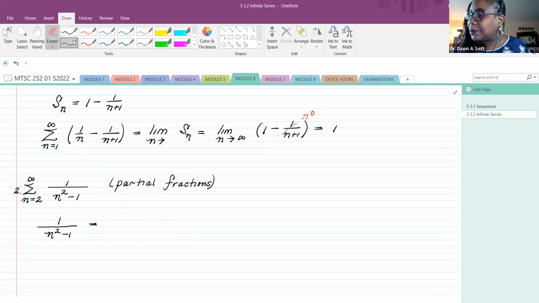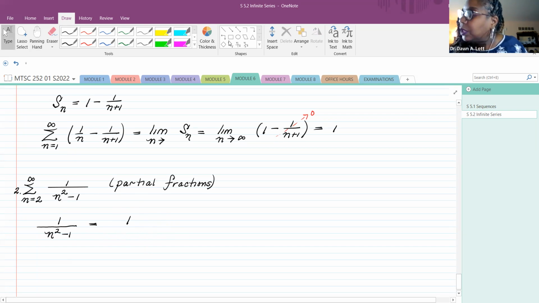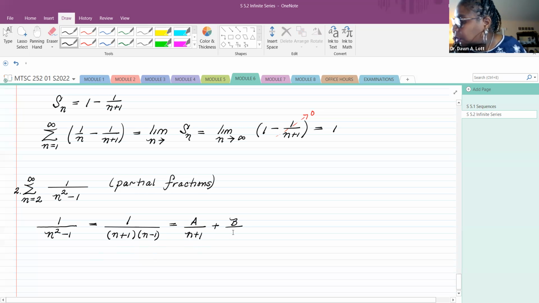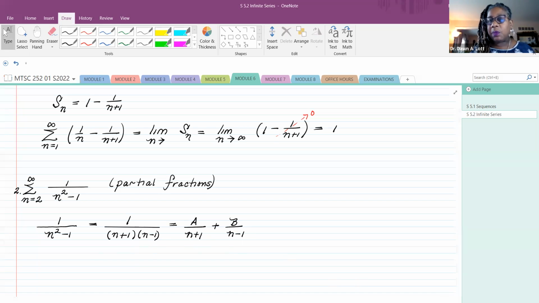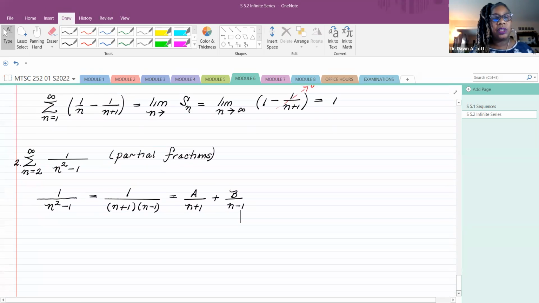Let me start again. I want to write it as 1 over n plus 1 times n minus 1. Okay, so now I can write that as A over n plus 1 plus B over n minus 1. All right, so now that we have that, we need to find our major equation.